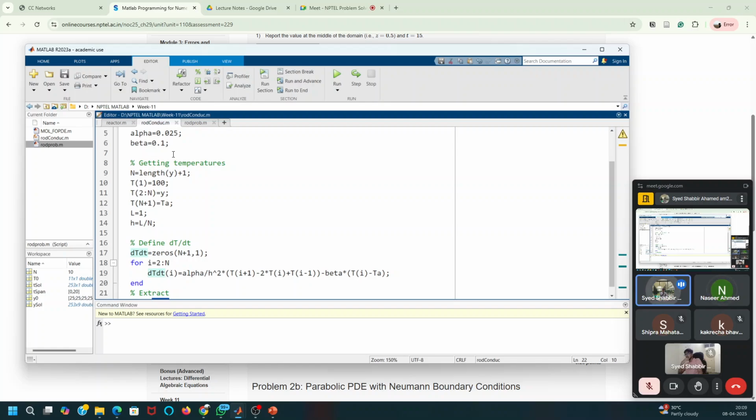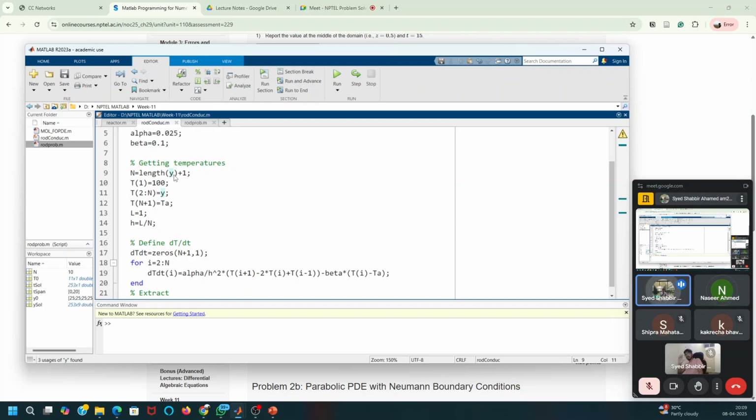Because we are saying that y is a vector which has temperature from the second node to the last but one node, right? But n minus 1, no? No, n plus 1 doesn't come up to n. The last node is n plus 1, and the first node is 1. So this y is a vector from T2 to Tn.